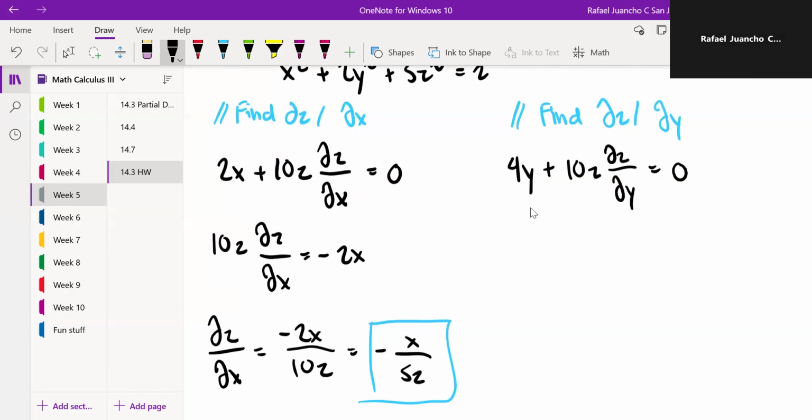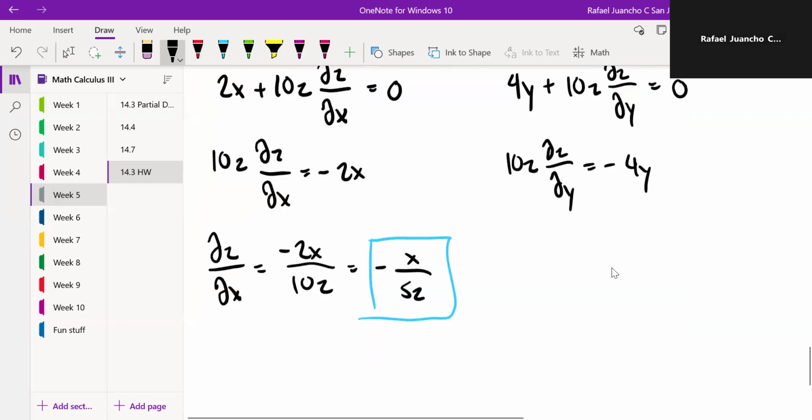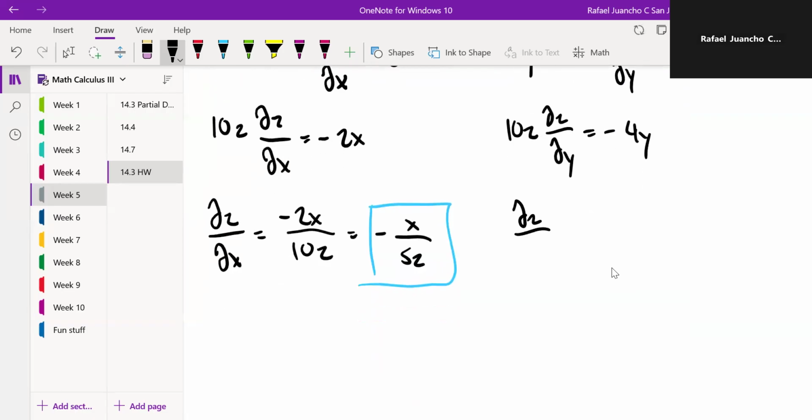Okay. And then we again isolate negative 4y. And there we go. We have our answer. Negative 4y over 10z. I could just divide all sides by 2. I get 2y over 5z.